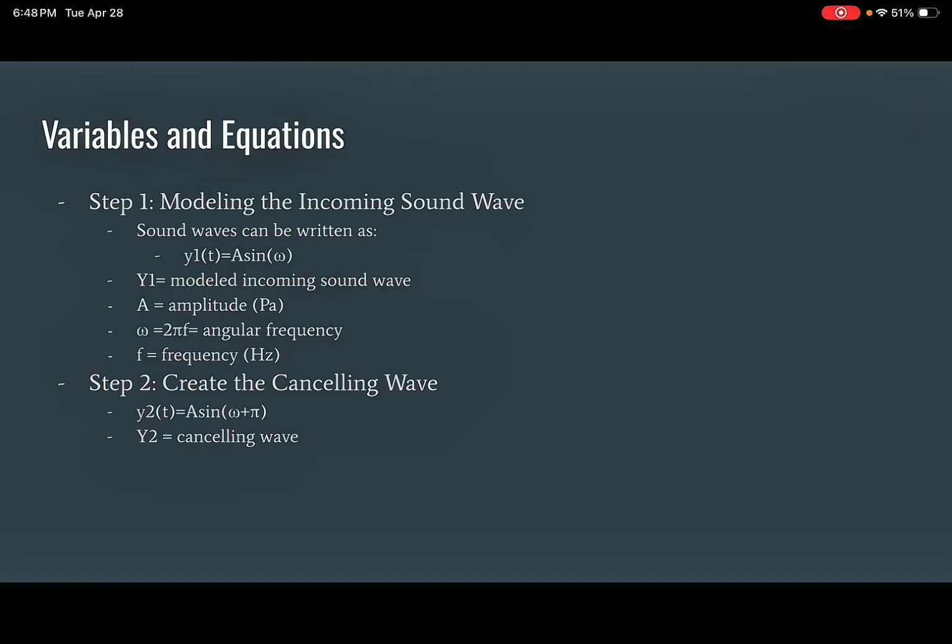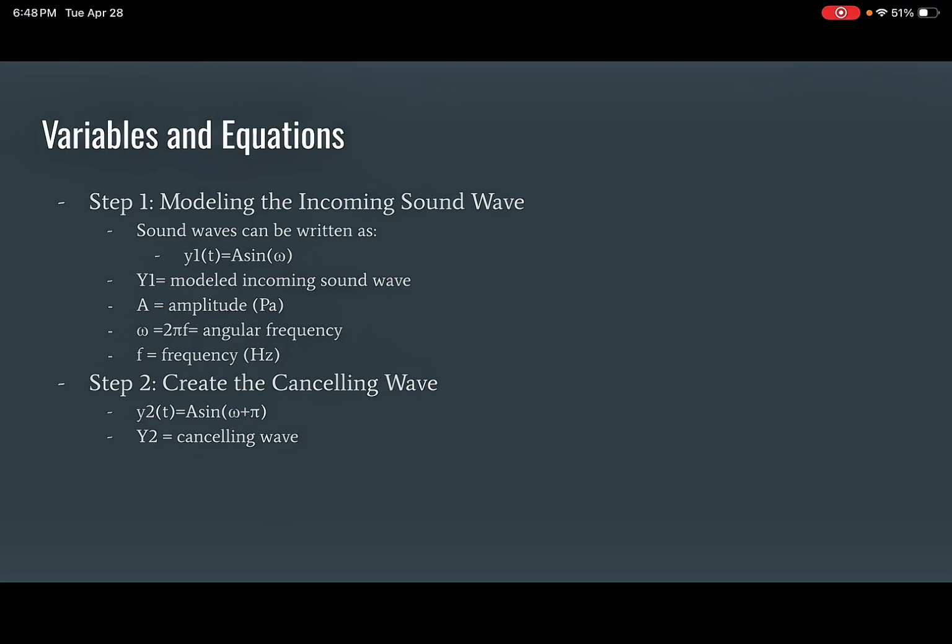In step 2, we have to create the canceling wave. So we have y2 equals A sine omega t plus pi, which when we talk about pi, our pi is where we are at 180 degrees out of phase. So that will give us our negative, which will create the canceling wave.